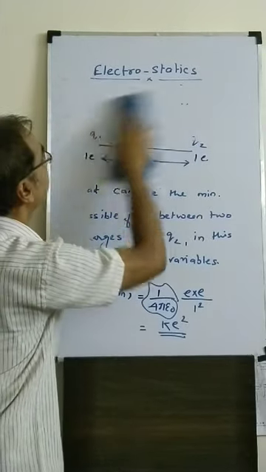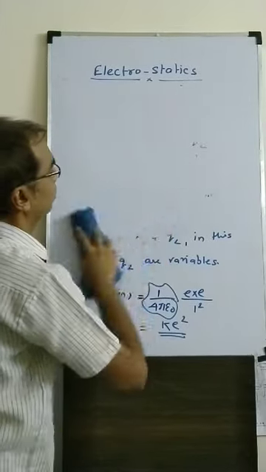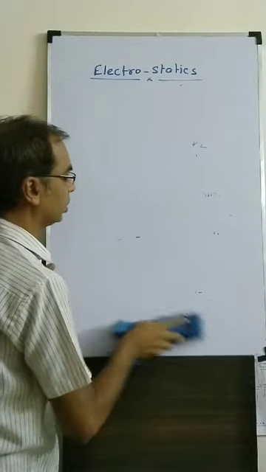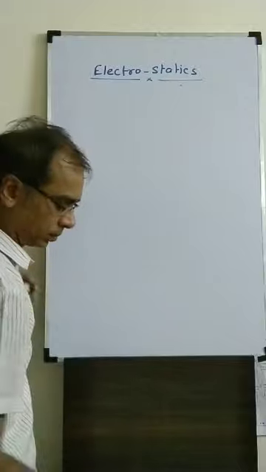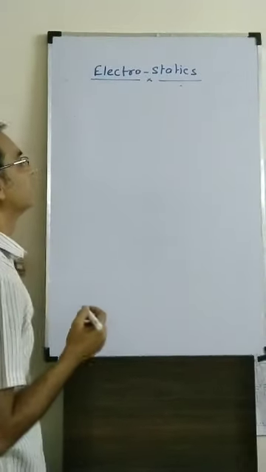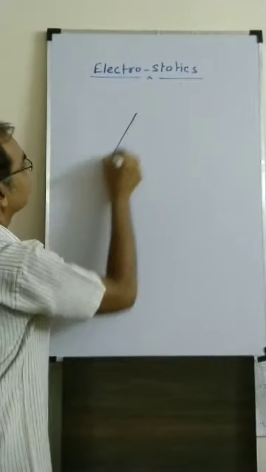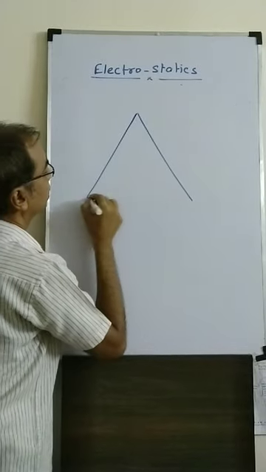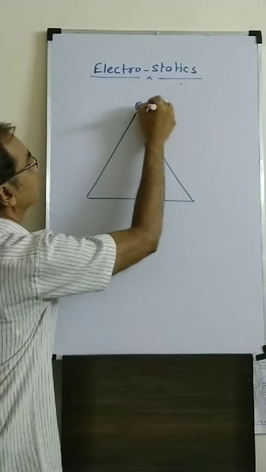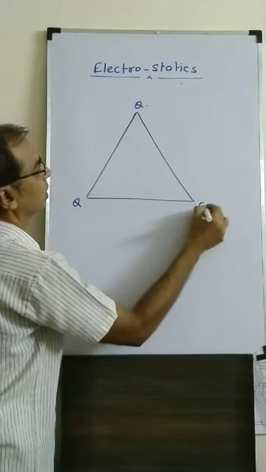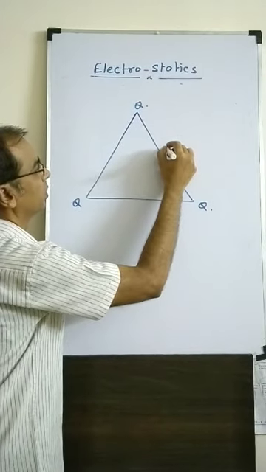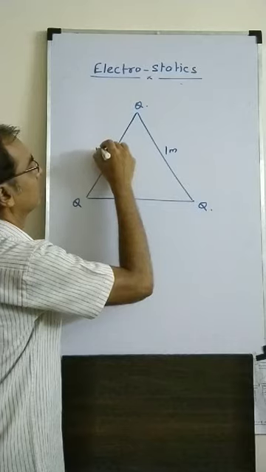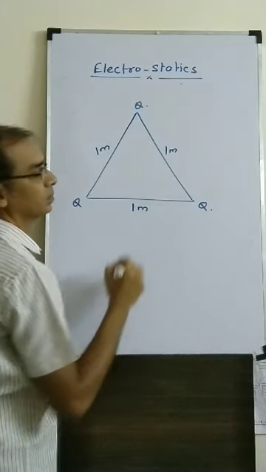Next question, let's see. Suppose three charges of the same magnitude are kept at the vertices of an equilateral triangle. Here is charge Q, here is charge Q, and here is charge Q. Let's assume that the separation between all is 1 meter.